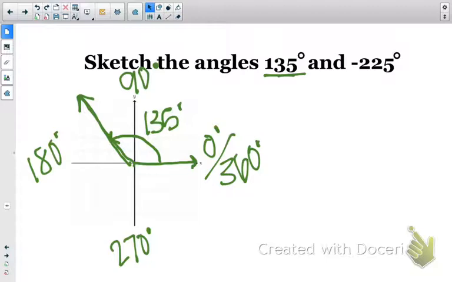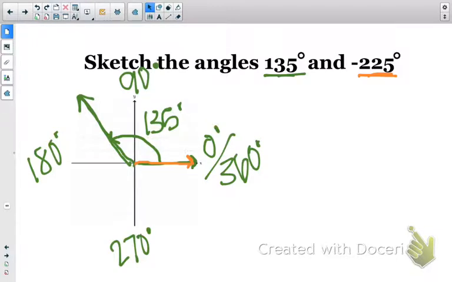Now let's graph negative 225. Same thing, we start on the x-axis, except this is negative, so we go clockwise 225 degrees. If we go halfway, that's 180, but it's more than 180.